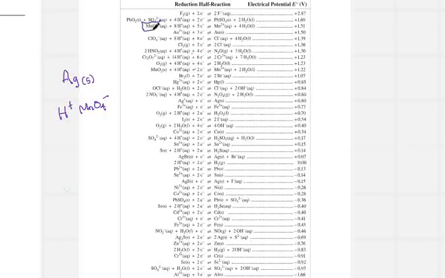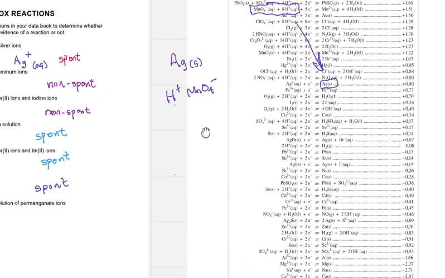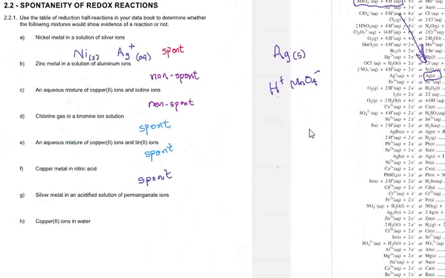Acid permanganate, meaning permanganate ions in an acid solution, are a very strong oxidizing agent, third highest on the whole list. So they together are our SOA, and silver metal is right there. Arrow going that way means spontaneous. Acid permanganate will burn holes in silver metal given time. This one is spont.